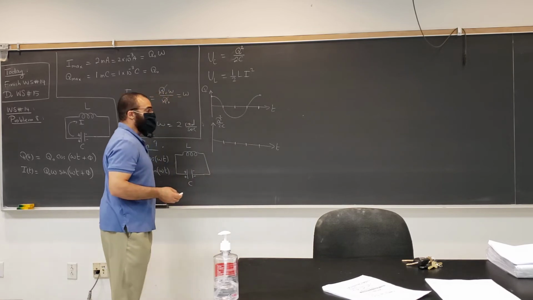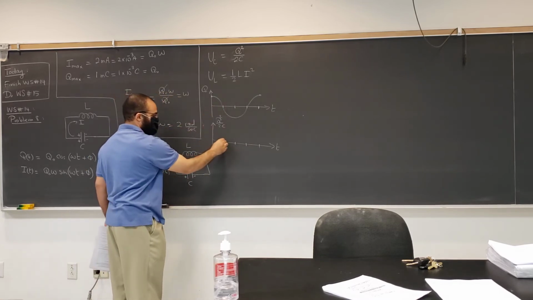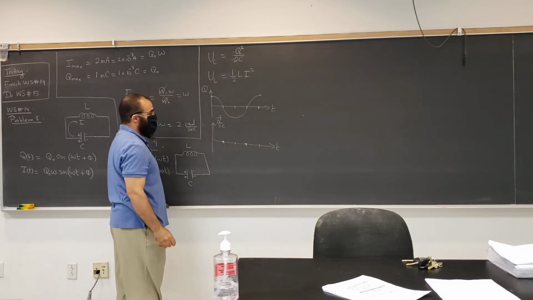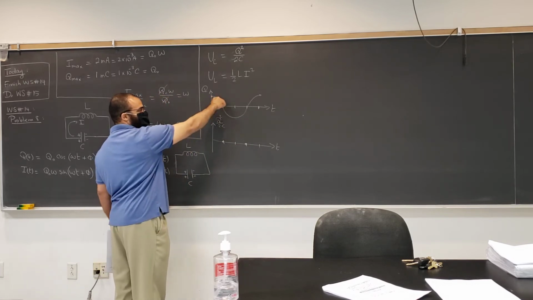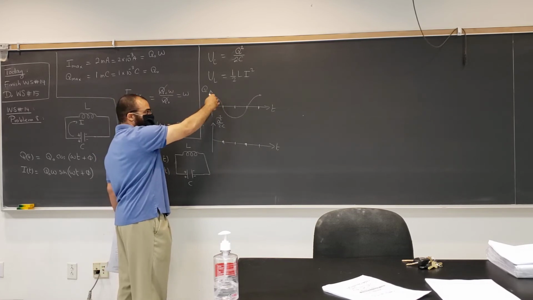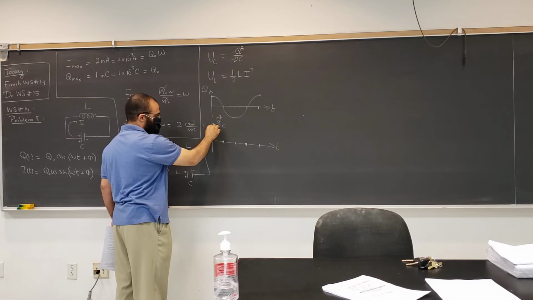What happens to a 0 when you square it? It's still 0. So this point and this point remain the same. And this one, when you square it, stays positive, so it still has this shape.